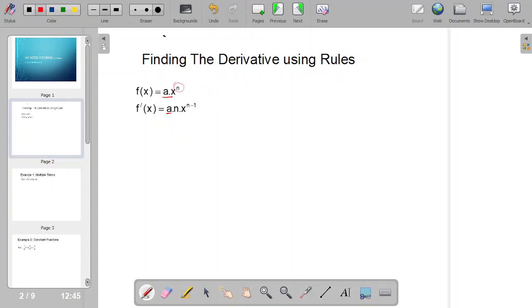And if you then multiply these two, you must go back and subtract 1 from the exponent that you had in your function. So let's just say we have f of x equals 2x to the power 2.